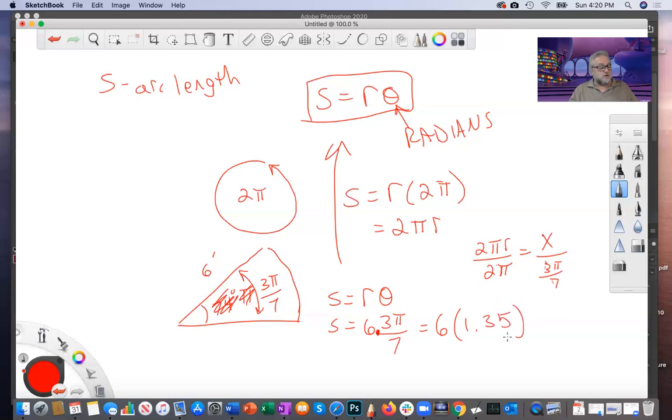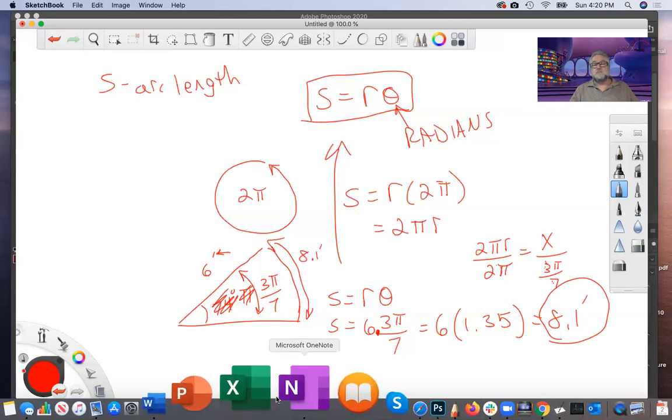It's 1.3457, so I rounded. 6 times 1.35 comes out to 8.1 feet, because the radius was in feet. So the distance from here to here along the curve is 8.1 feet.